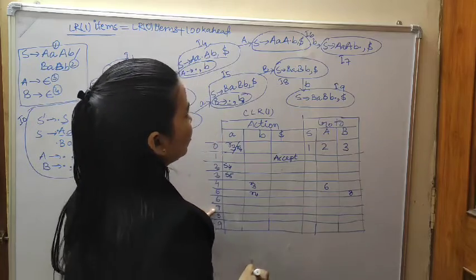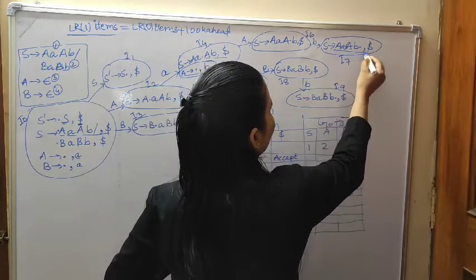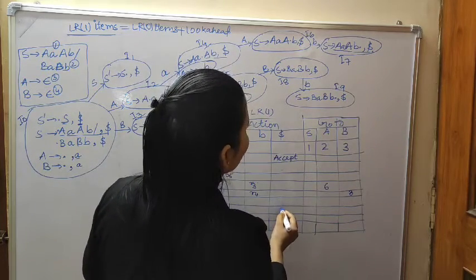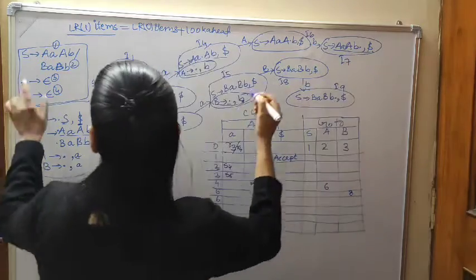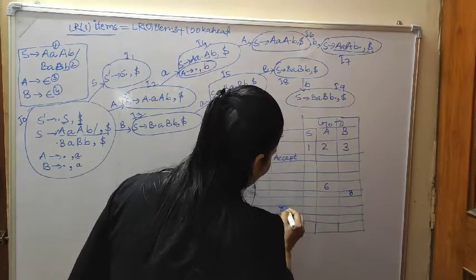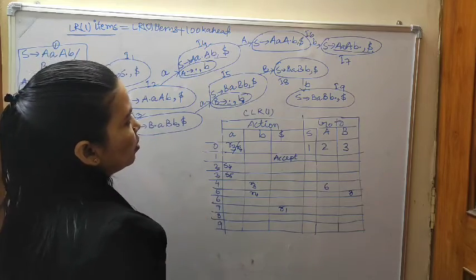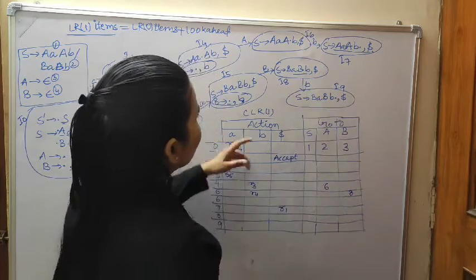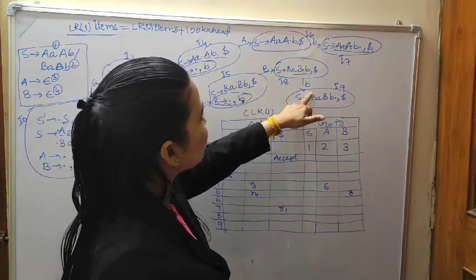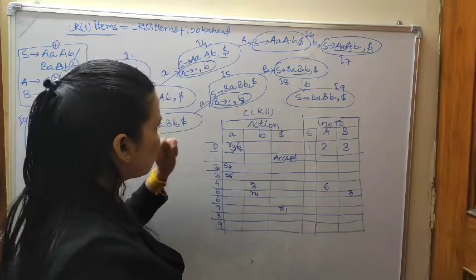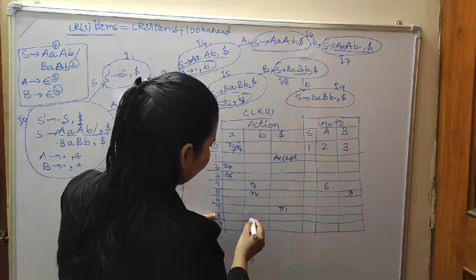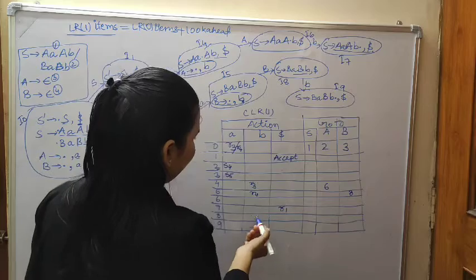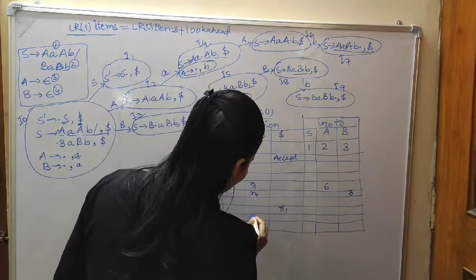Now the 7th number state. Here the 7th number state is a final item and look ahead is dollar. So in the dollar place we write, what is the production rule? 1. So write R1. Okay, 8 number state, from 8 we are shifting B to 9, so write S9.